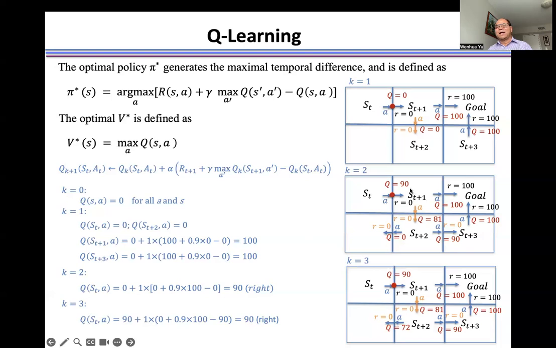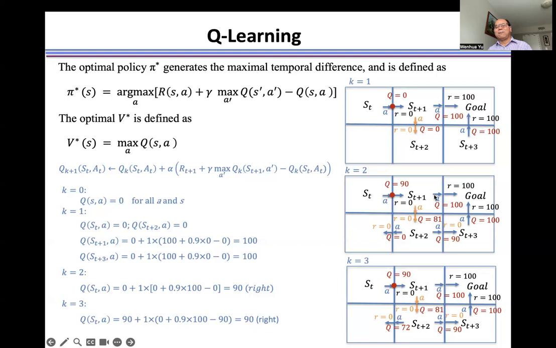At the next state, we have two actions. One is right, where we already get the 100. Another direction is down, where this is 90 and this is 0. So the maximum is 90. 90 times 0.9 is 81.